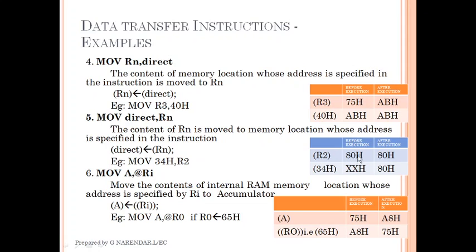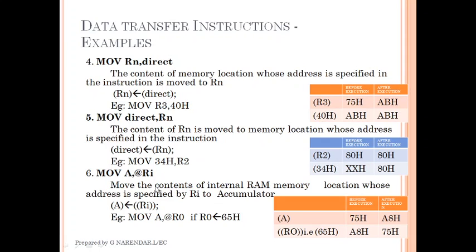Assuming that before execution the contents of R2 are 80H and the contents of 34H may be anything, XXH. After execution, the contents of R2 are copied to the memory location whose address is 34H, and the contents of R2 remain unchanged as it is a source location.